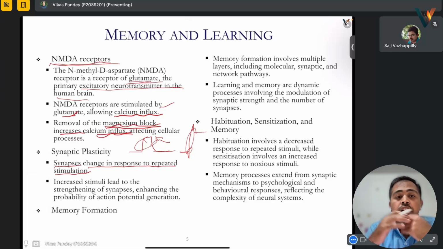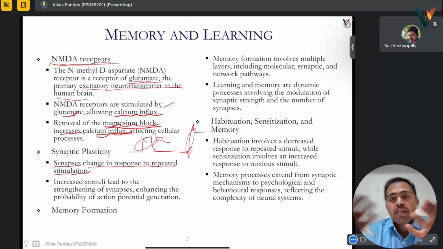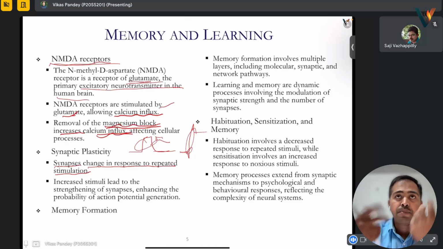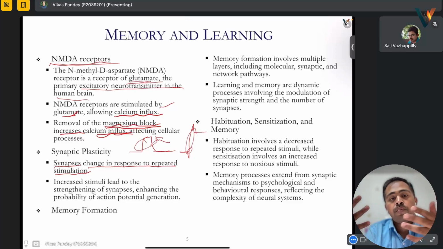Now it is saying that if we have repeated stimulation, the synapses change. That means the synaptic connections will change according to different stimuli. So something is being repeated again and again. So these connections will change, and that will be faster accessible.